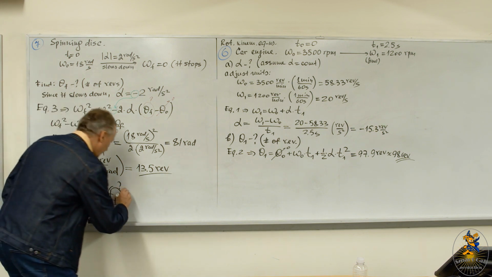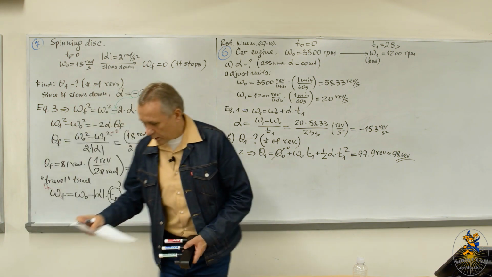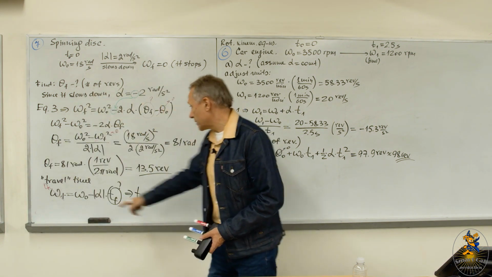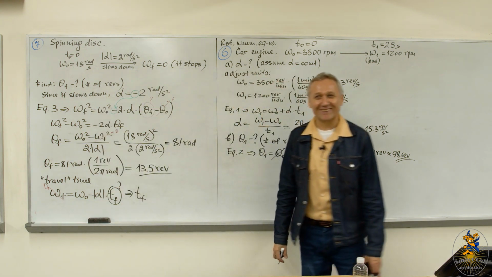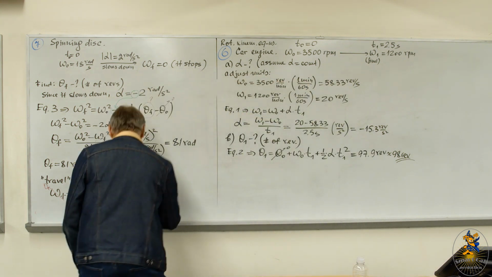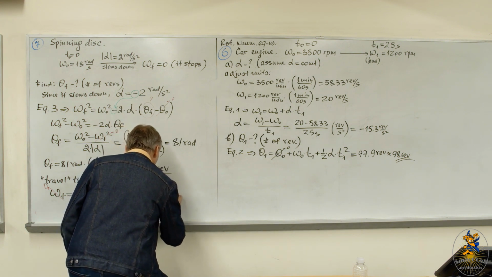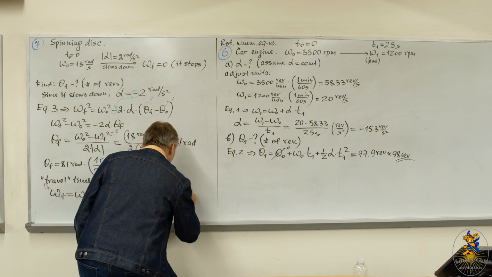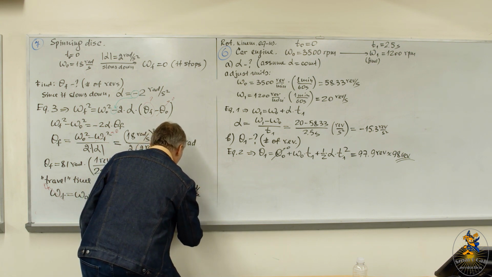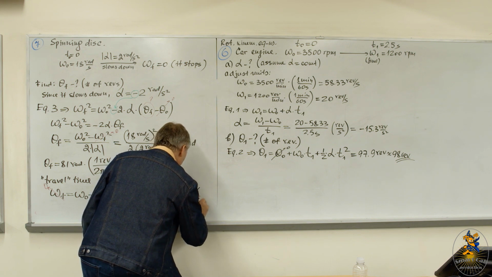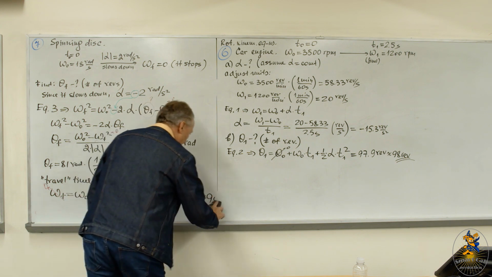So the travel time, or rotation time, is omega naught divided by absolute value of acceleration, so it's 18 rads per second divided by 2 rads per square seconds. It will be 9 seconds. Yeah, it's 18 divided by 2. I can calculate without my notes.